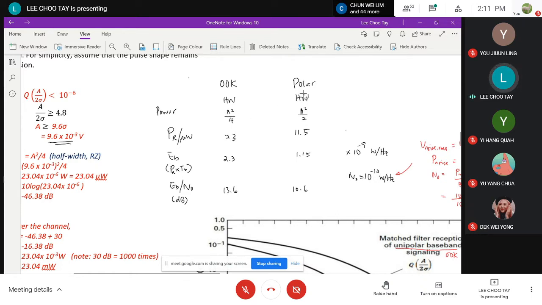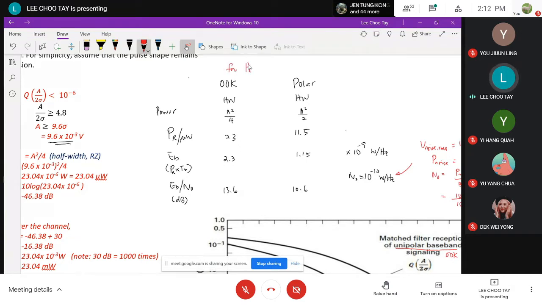If I use polar half wave, where the power is A squared over 2, then I need a power of 11.5 microwatt at the receiver, in order for the probability of error to be less than 10 to the power minus 6.